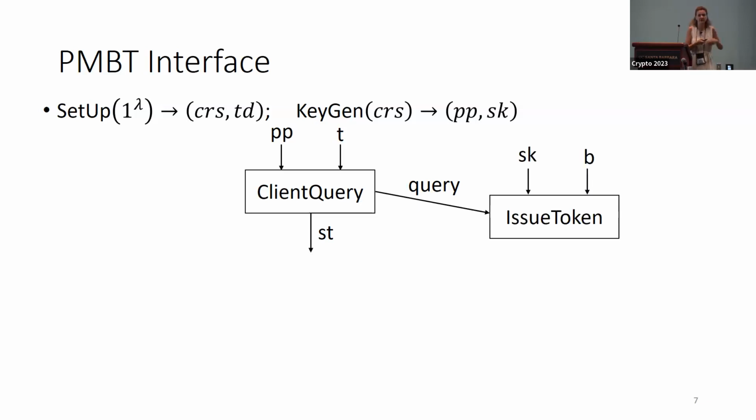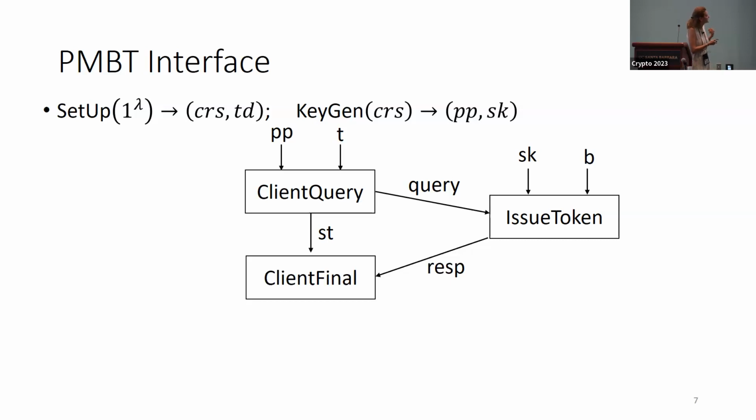The server will run the issue token algorithm along with its secret key and the hidden bit B from the client, and then it will return the response to the client. Finally, the client will use the state that it stored to finalize the protocol and conclude with the tag T and the quote unquote signature on this T, sigma.